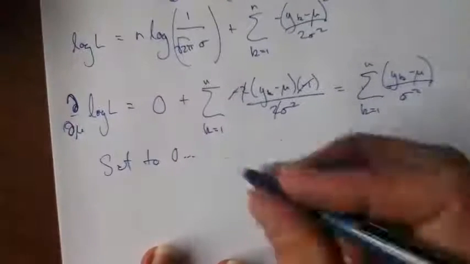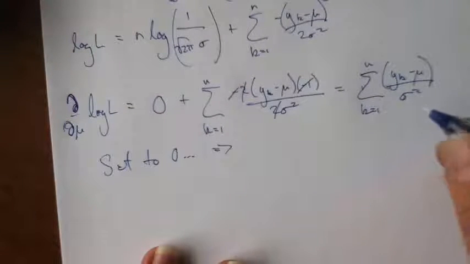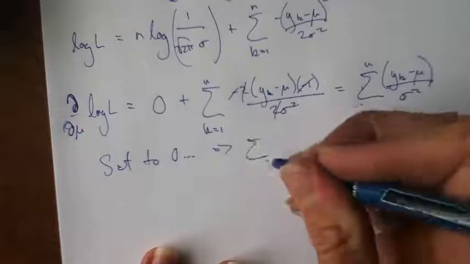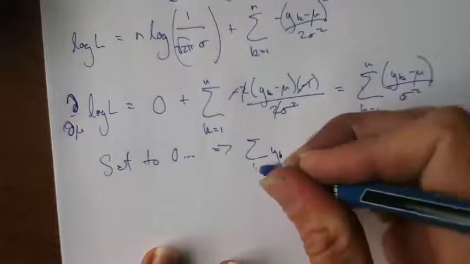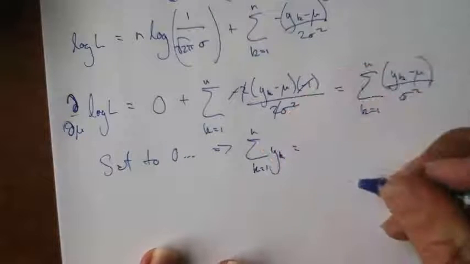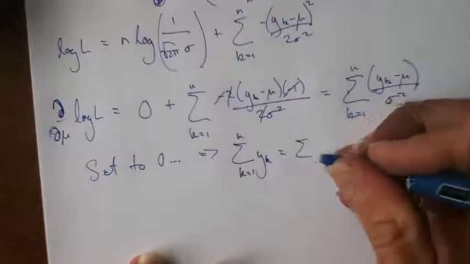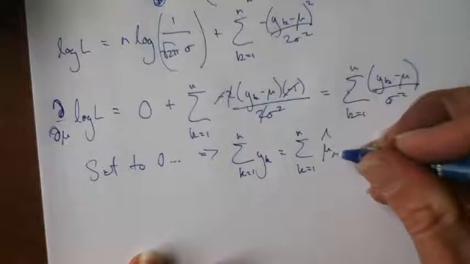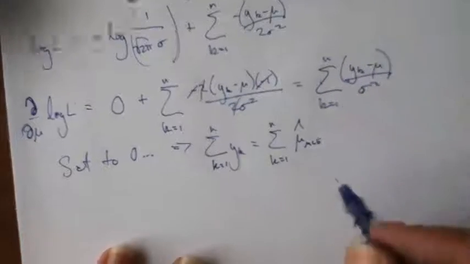This implies that the sum of the yk, k goes from 1 to n, is equal to the sum, k goes from 1 to n, of my maximum likelihood estimator for mu. Now, what do we have here?